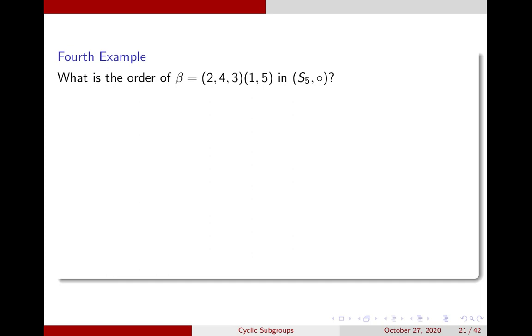And now a fourth example. Here we have an element of S sub 5, which is the product of 2 disjoint cycles. So what is the order of beta in the group S sub 5?